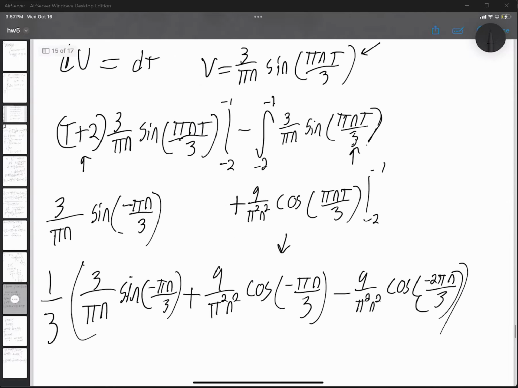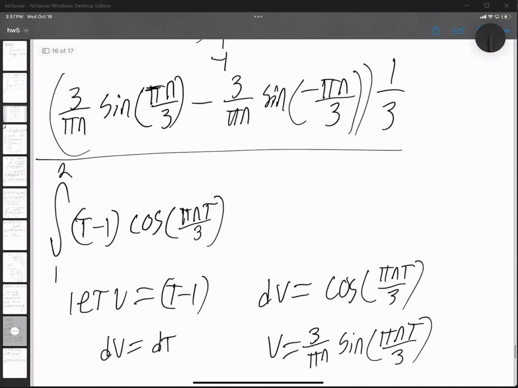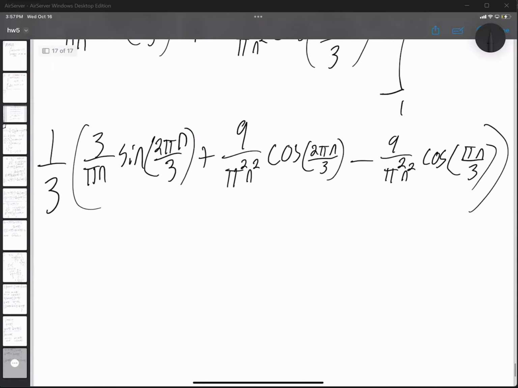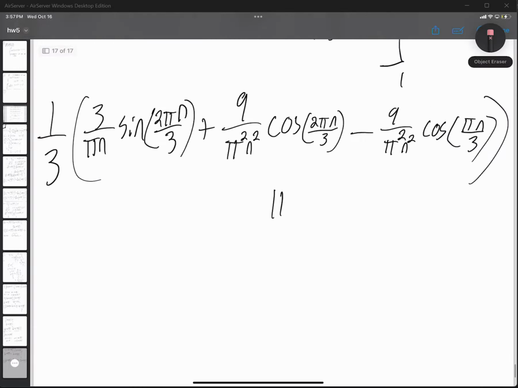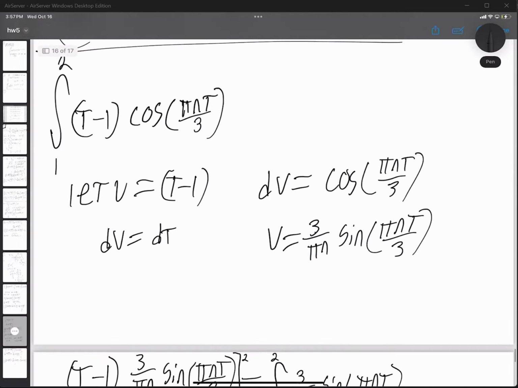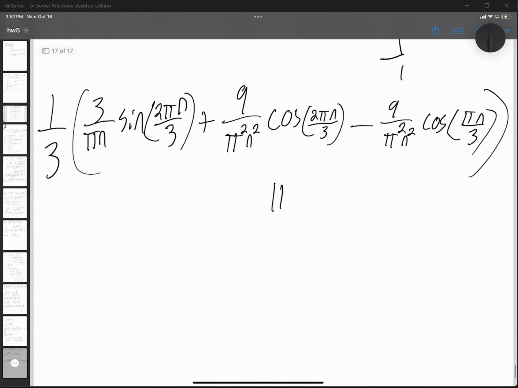So A0, we'll call this one A1. We'll call this one A2. And we'll call this one, oh no, I missed one. This one will be A3.